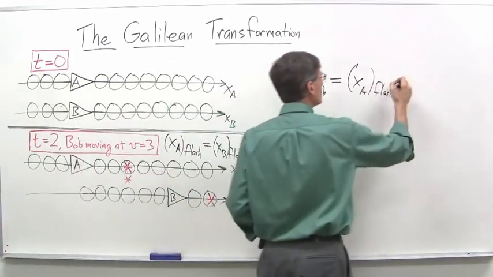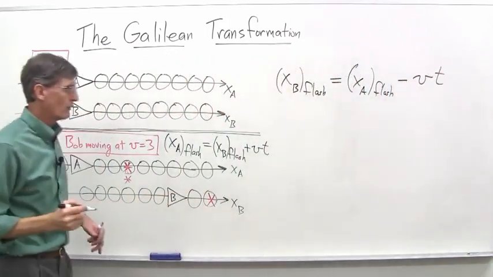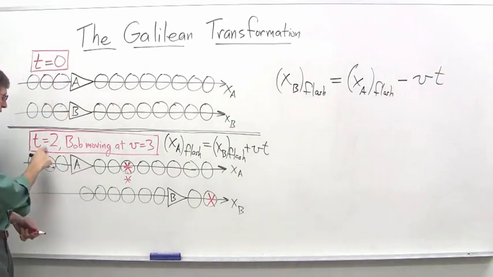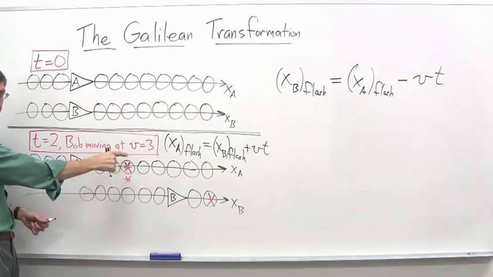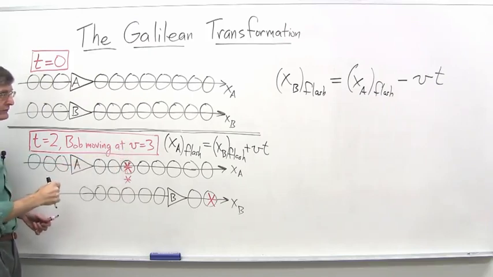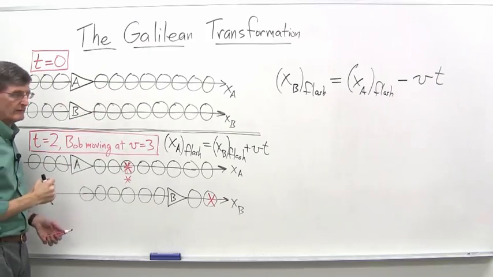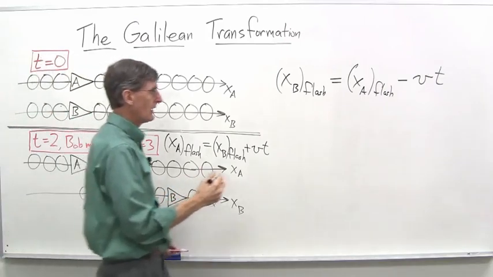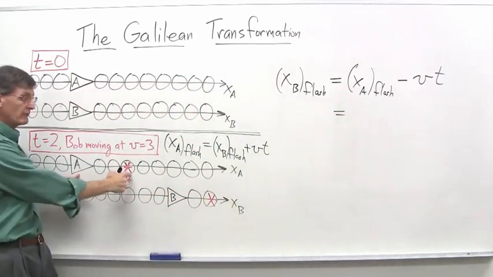What if we do minus vt? Well, again, this is at 2 seconds, we're imagining. Velocity of Bob is 3 here, but since it's in the other direction, it's really -3. That's why we have the minus sign there. And what does this work out to be? Well, according to what we said, it's position 3 for Alice.